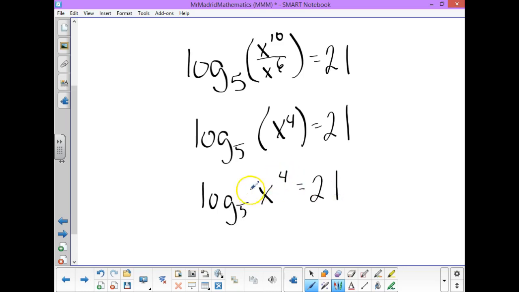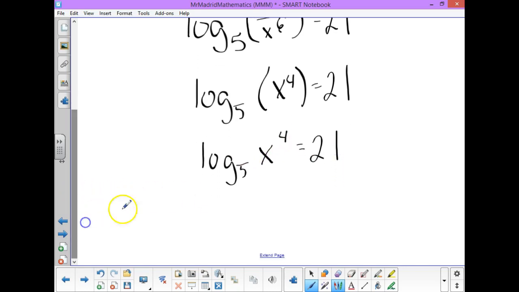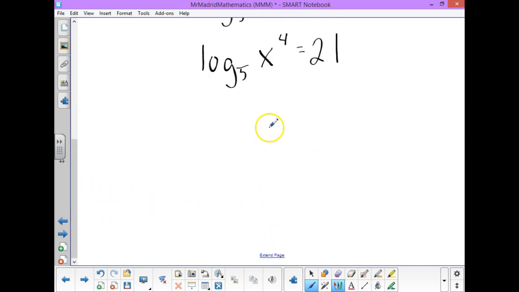Why? Because this should trigger your memory of the power property of logarithms. I'm going to put this in quotations, not necessary as part of the solution process, but it's our conversation as to what he is doing. This is where we had log base b of a to the p.